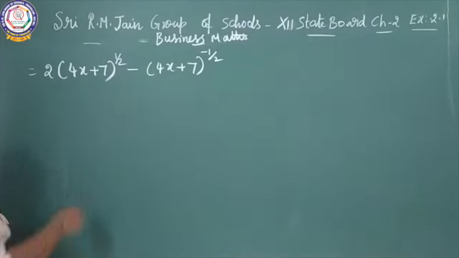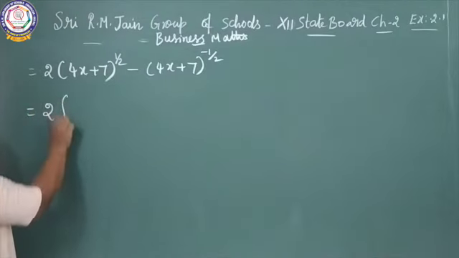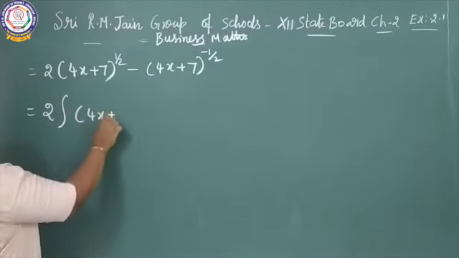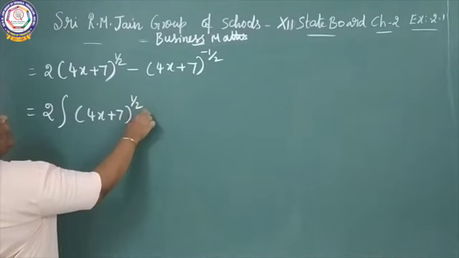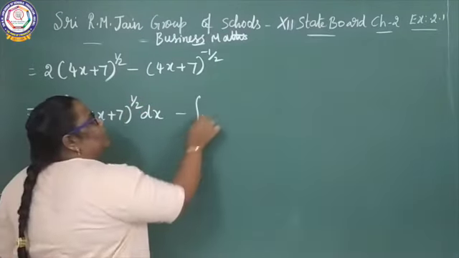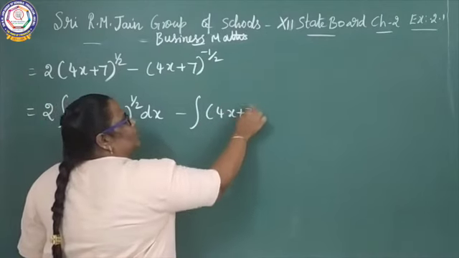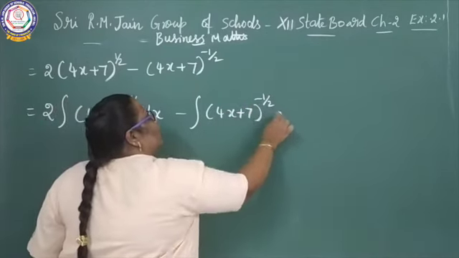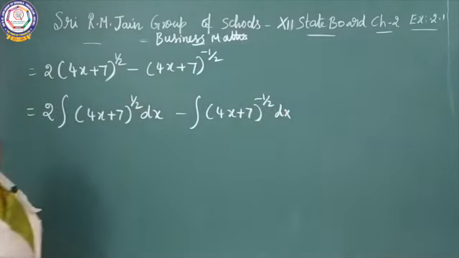Now you are going to the integration part. 2 into (4x + 7) whole power 1 by 2 into dx minus integral (4x + 7) whole power minus 1 by 2 into dx.